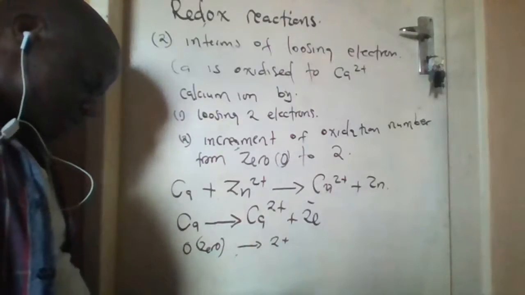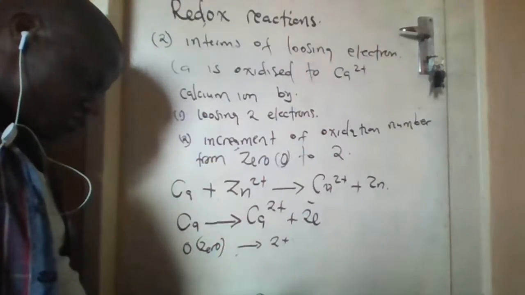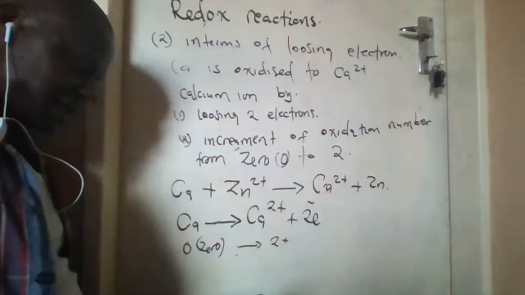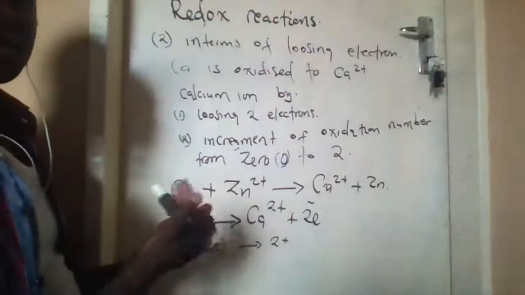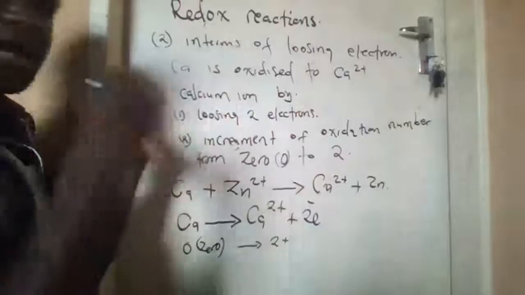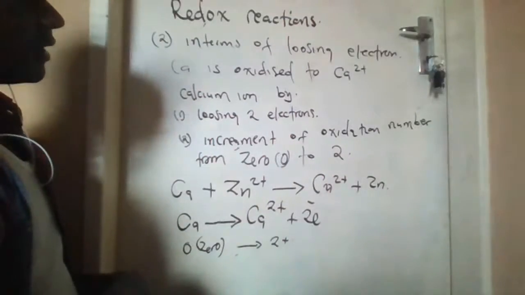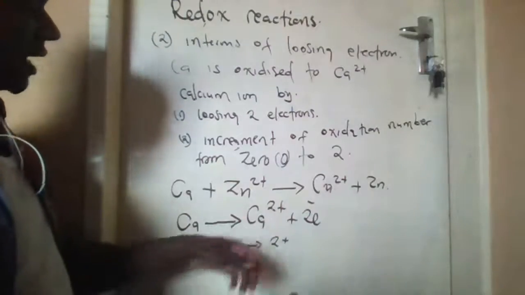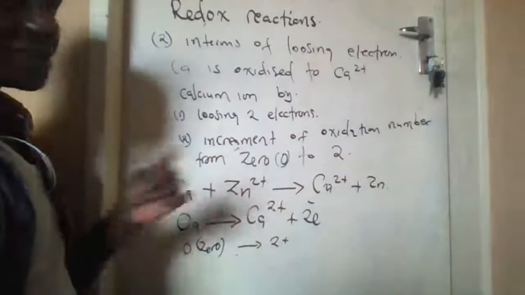I think that's where I can leave for today. Now, maybe if you can allow me to talk about the oxidation number. How can you find the oxidation number of an element in a compound? Like, how did I get to know that the oxidation number of calcium in calcium chloride is 2?